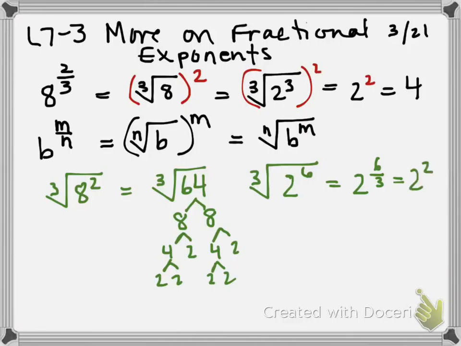So we get 2 squared, which gives us the answer 4. But look at how much more work it took me to get that answer than using this idea of let's take the index root of that number and then raise it to the power. Okay? So let's do some examples of that, and that's what you're going to see more of on the homework tonight.